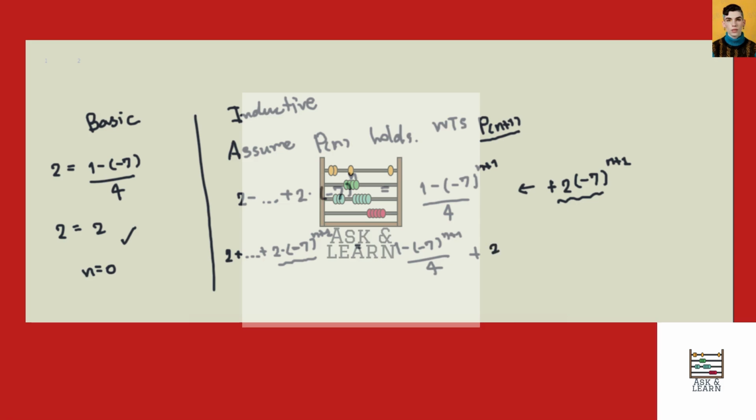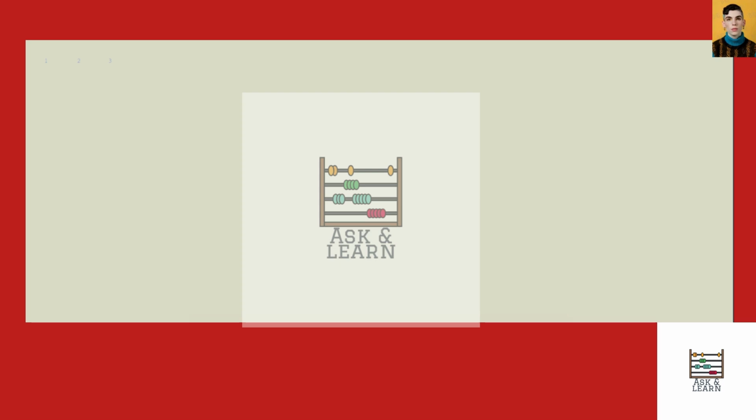And now we just have to rearrange the right hand side to get what we want. It will start off like this, right? We want to get to the next, just add this power to it.